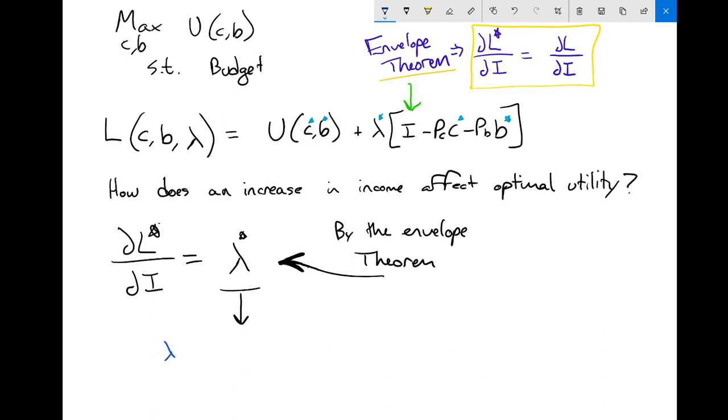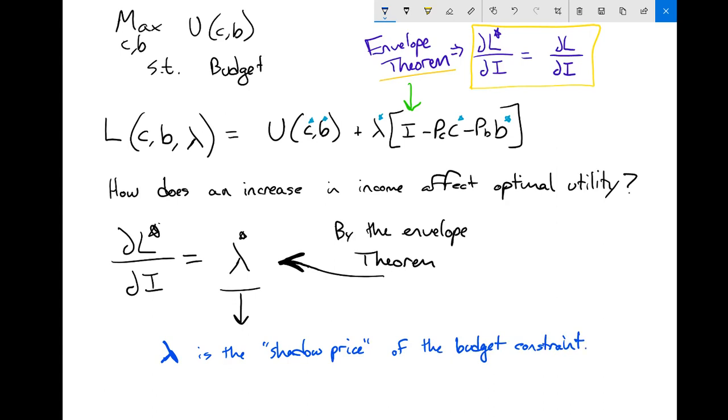So lambda is called the shadow price. It's the shadow price of the budget constraint. What do I mean by shadow price of the budget constraint?